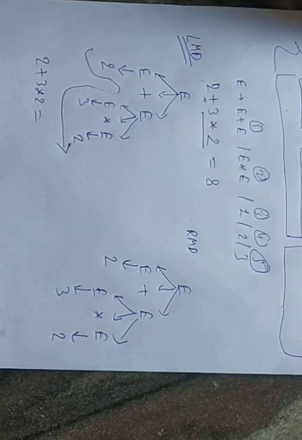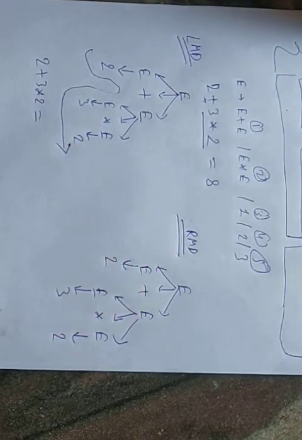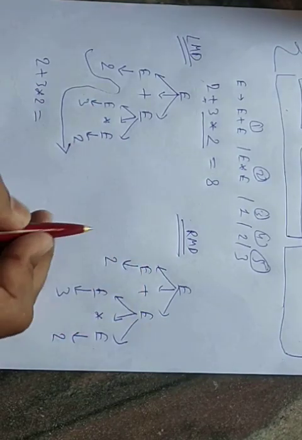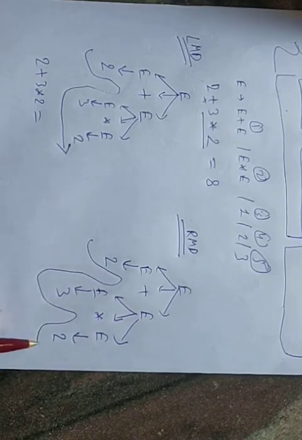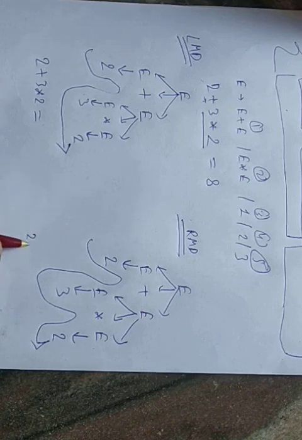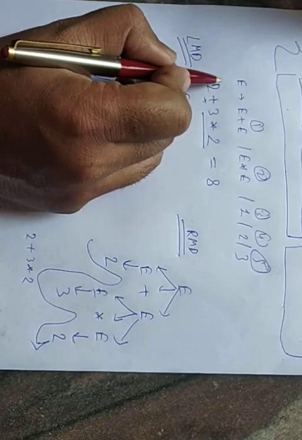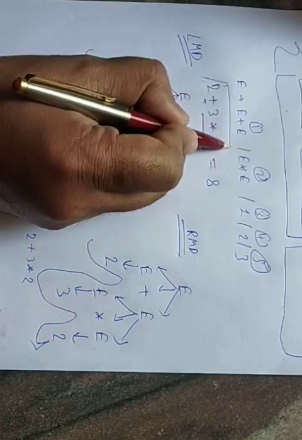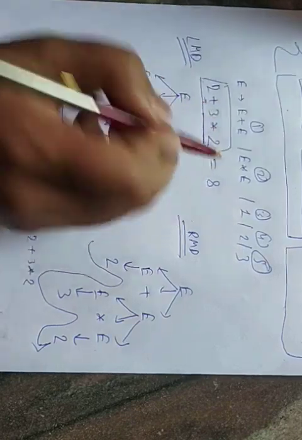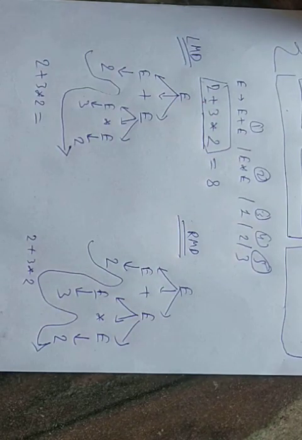So we got the leftmost derivation tree and the rightmost derivation tree, and we have generated 2 plus 3 star 2. Now the thing is, yes, we are able to generate the tree. It means this particular string can be derived from this particular grammar.